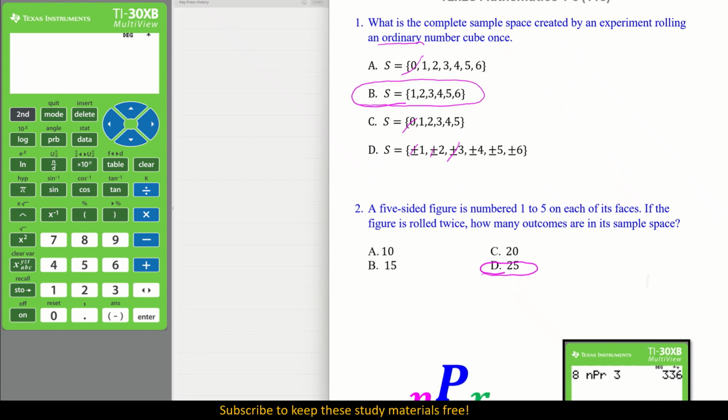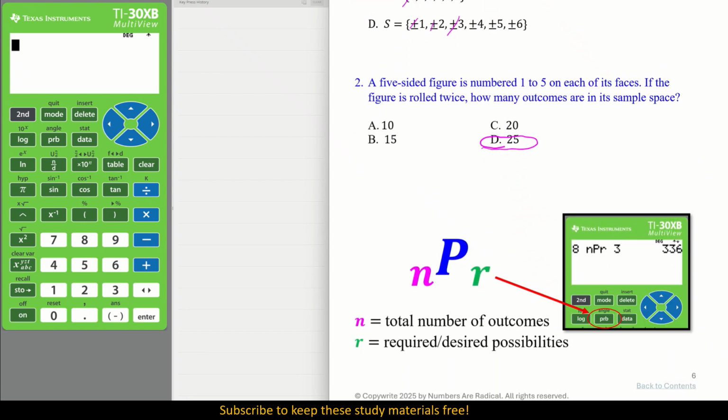All right, so let's look at what we have next, which is permutations. That is what we'll do for number 3. However, I wanted to stop and let you know that this is available on this calculator, and that when we're talking about permutations, the first thing you need to understand is that order matters.